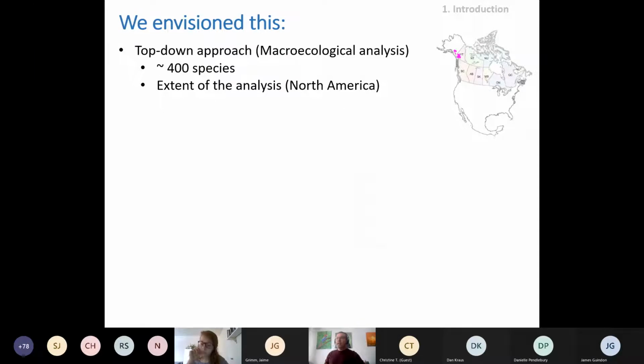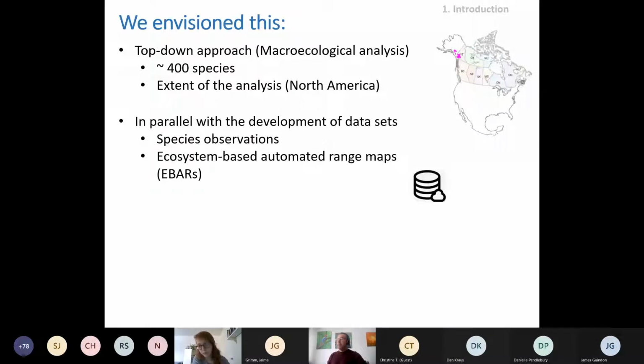So we envision a top-down approach, more macroecological analysis, because we have this list of 400 species, and also the extent of the analysis is North America, Canada and US, because some of the species go across the border, so we need to gather some data from US and Canada.